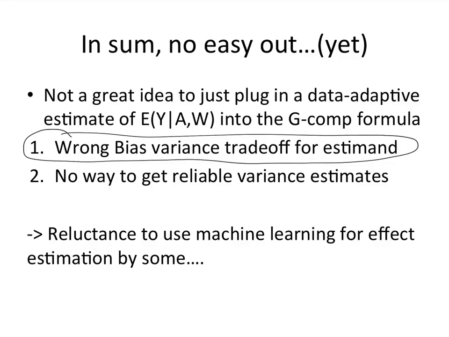A very simple example is I may have a confounder that doesn't add that much to prediction, but it really changes the estimate of my causal effect. In a finite sample, that can happen. In a big sample, if it doesn't have a big impact on prediction, it probably also doesn't have an impact on confounding. In a smaller sample, it can. The variance-bias trade-off for prediction suggests I should get rid of it.